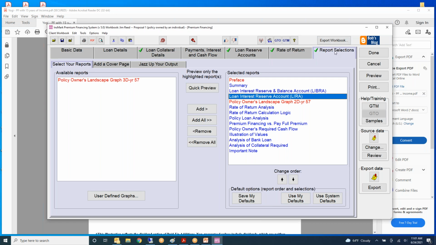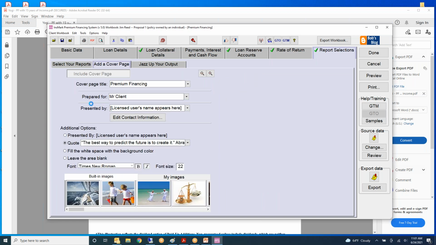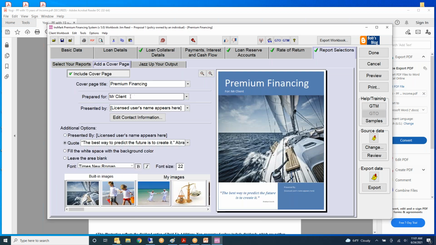So report selection has these subtabs. You can change the color scheme. You can add a cover page. So I will do a cover page. This is for Jim Reed.